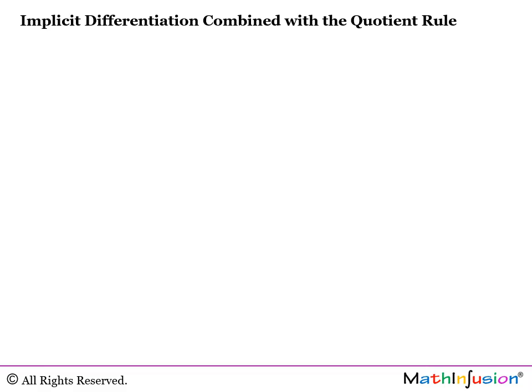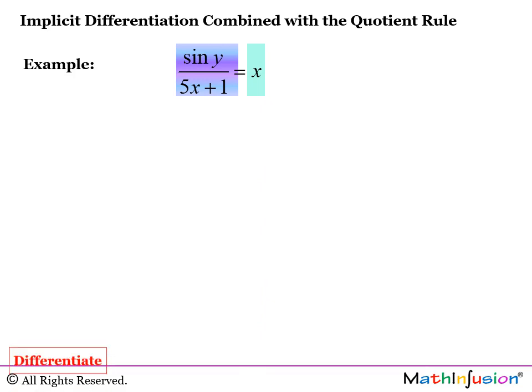Now we are going to combine implicit differentiation with the quotient rule. Example: sin y over 5x plus 1 equals x. Step 1, we are going to differentiate.